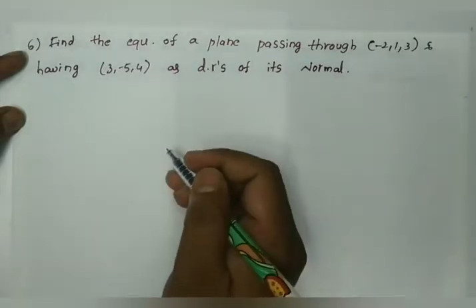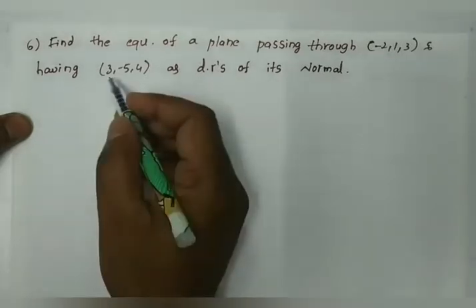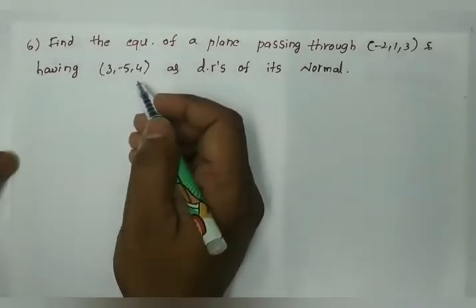So now we want to find the equation of a plane which is passing through the point -2, 1, 3 and which also has direction ratios 3, -5, 4.